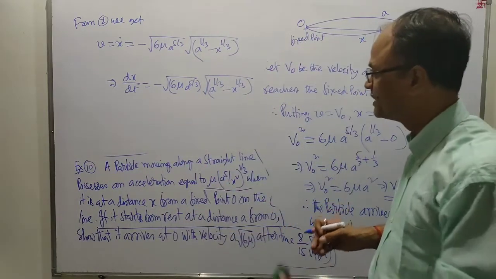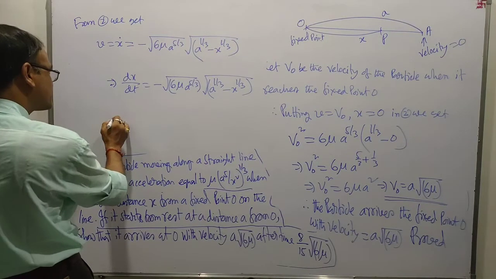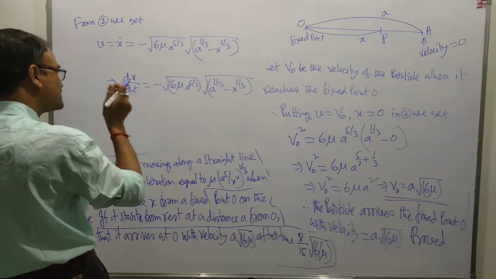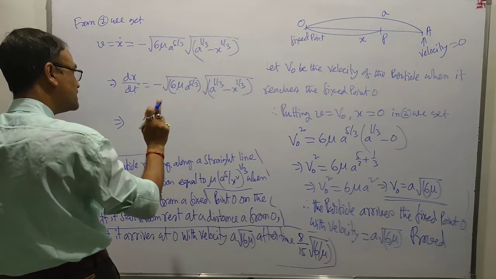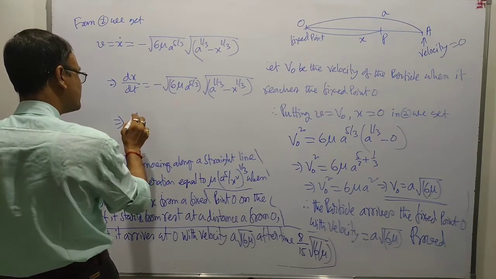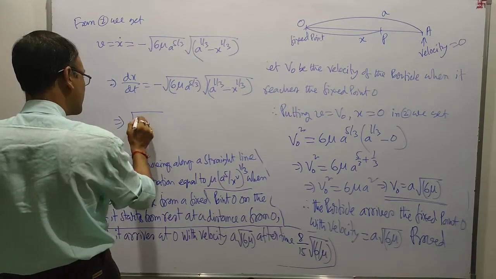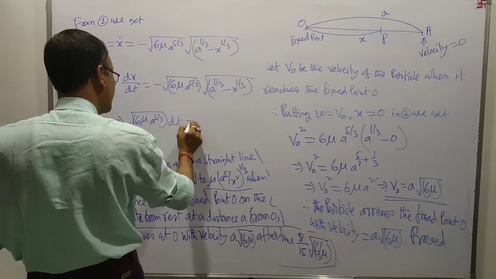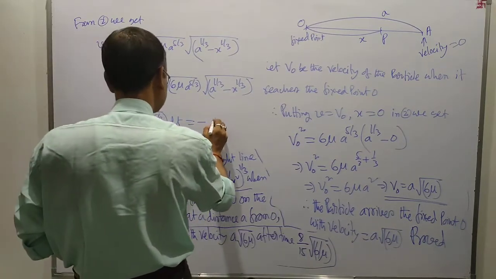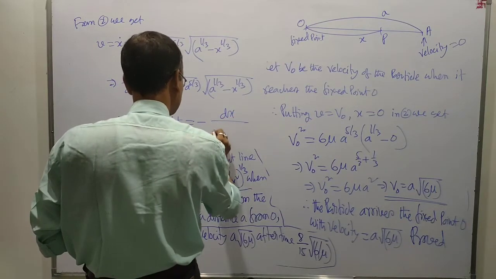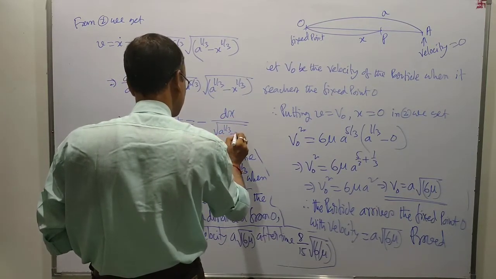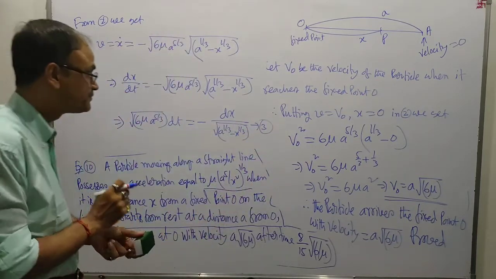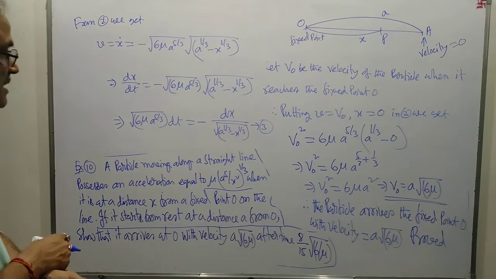This means root of 6 mu A to the power 5 by 3 dt equal to minus dx divided by root of A to the power 1 by 3 minus X to the power 1 by 3. Suppose this is number 3.